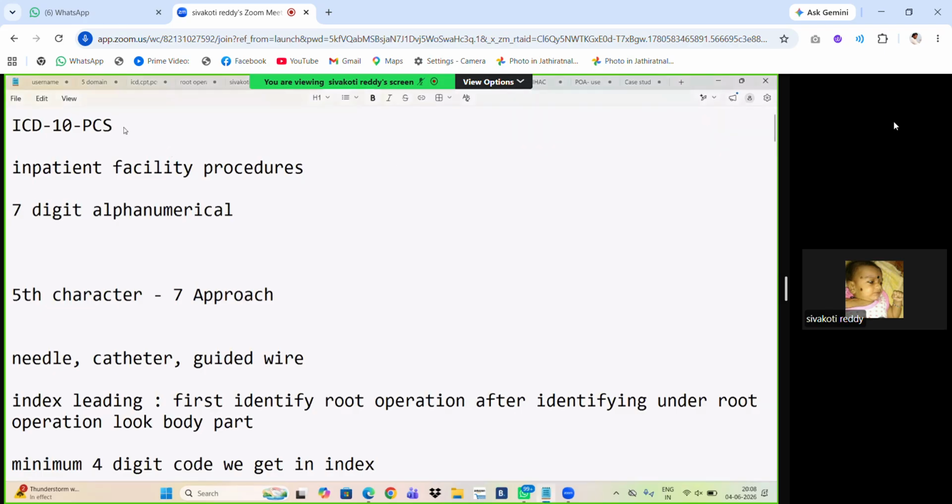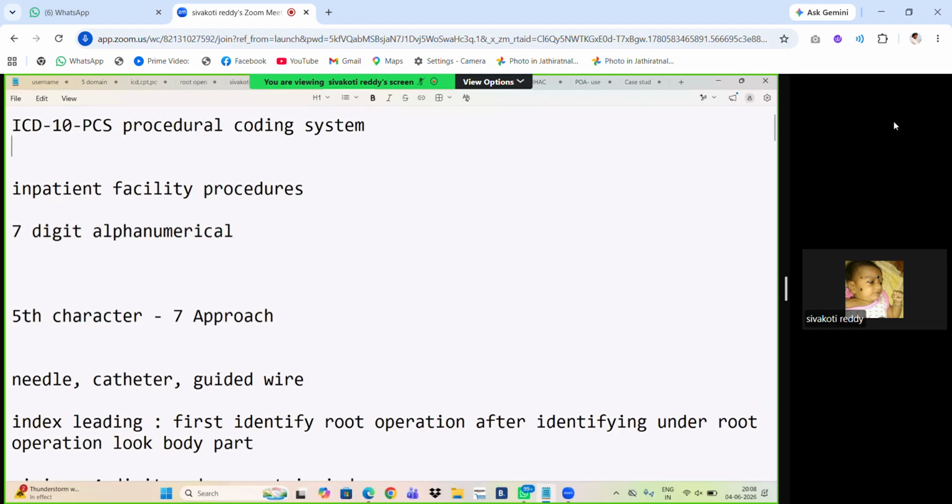So ICD means, everybody knows, right? International Classification of Diseases, 10th revision, Procedural Coding System. PCS means procedural coding system.